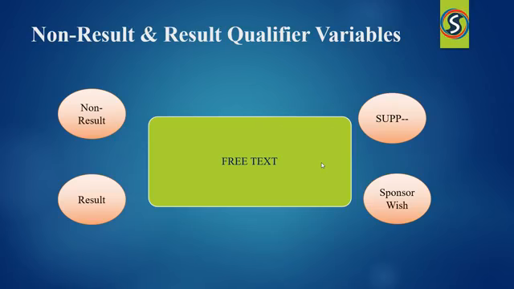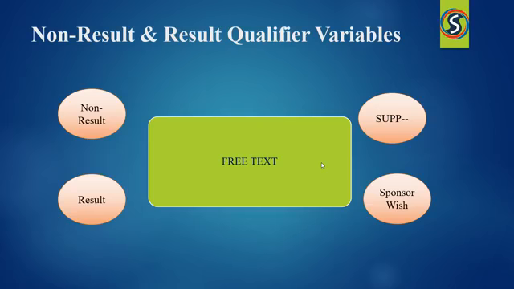So test can be your eye color and the original results can be your bluish gray, and the standard results character can be gray. So if the sponsor does not require that control terminology to be maintained, the verbatim value will be copied to your standard results character, and your SC test will be your eye color, original results will be bluish gray, and the standard results character will be bluish gray.